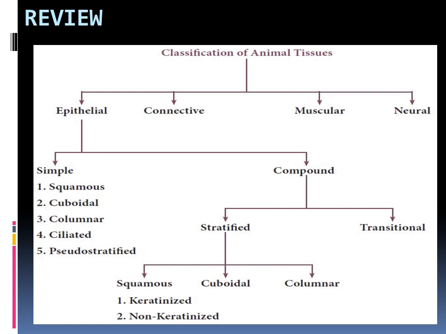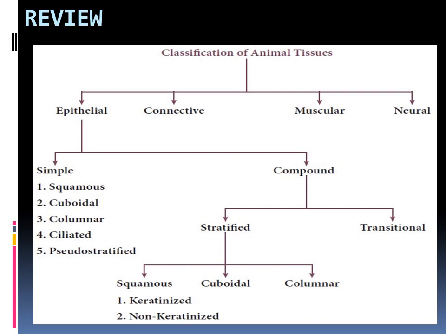Then the simple epithelial tissue is further classified as squamous epithelial tissue, cuboidal epithelial tissue, columnar epithelial tissue, ciliated epithelial tissue as well as pseudostratified epithelial tissue.